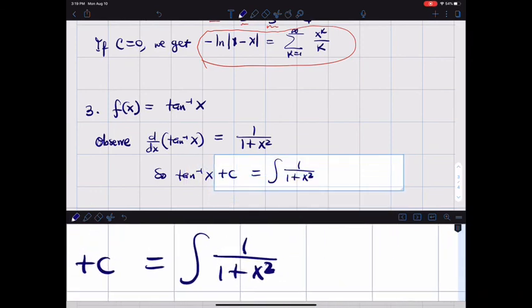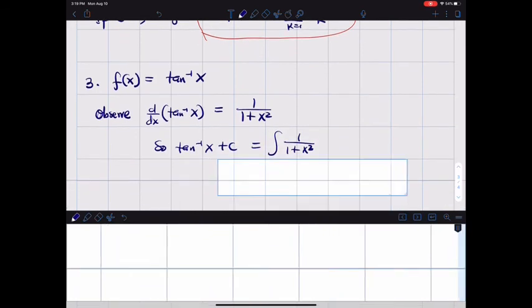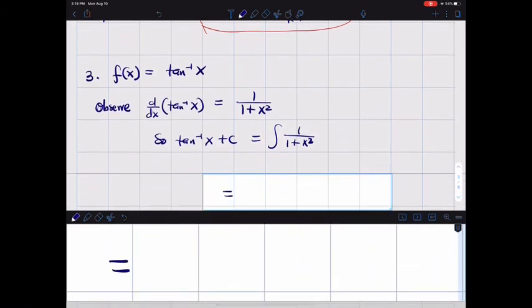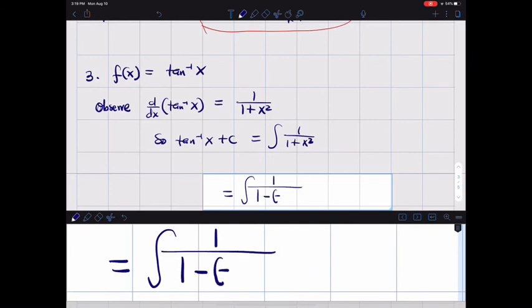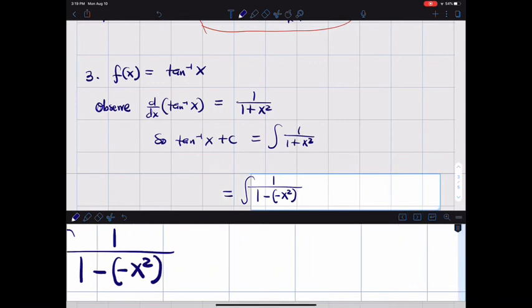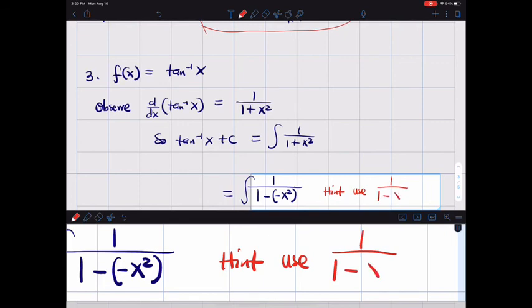Now, one other thing I want to show you is you can write this as the integral of 1 over 1 minus negative x squared. So my hint for you is to use the series representation of 1 over 1 minus x.